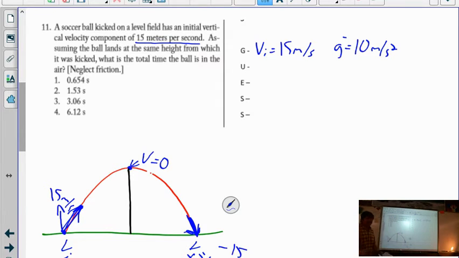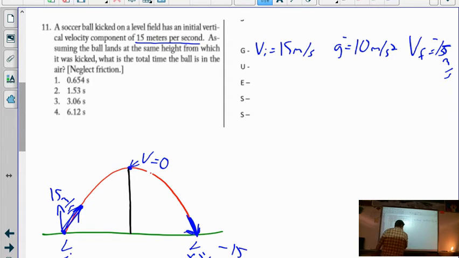If this one's confusing for you, just skip over it, okay? And then the other thing, so over here, my VF is going to be negative 15 meters per second. Okay, so I have 15, negative 10, and negative 15.